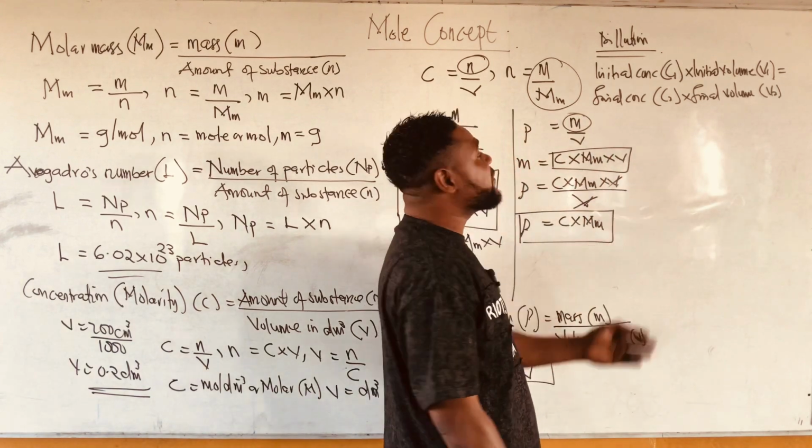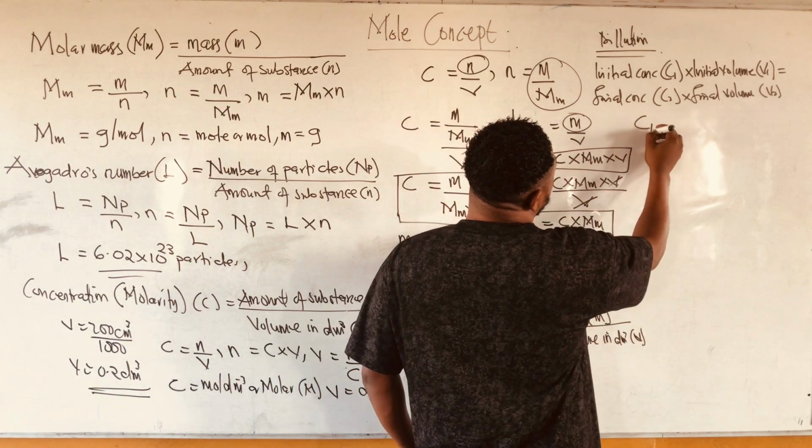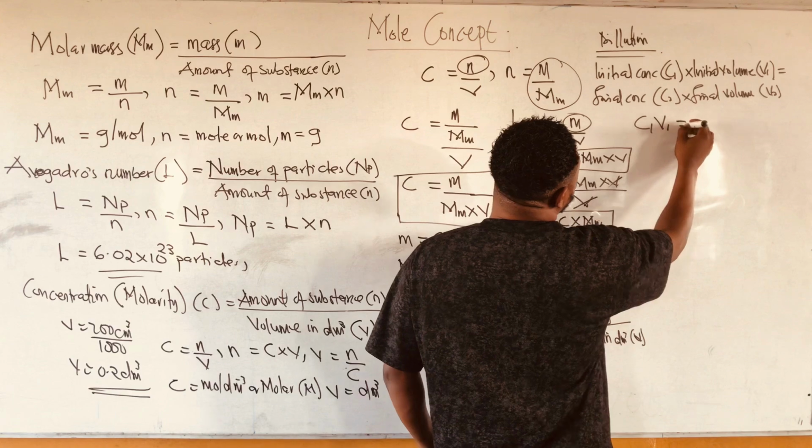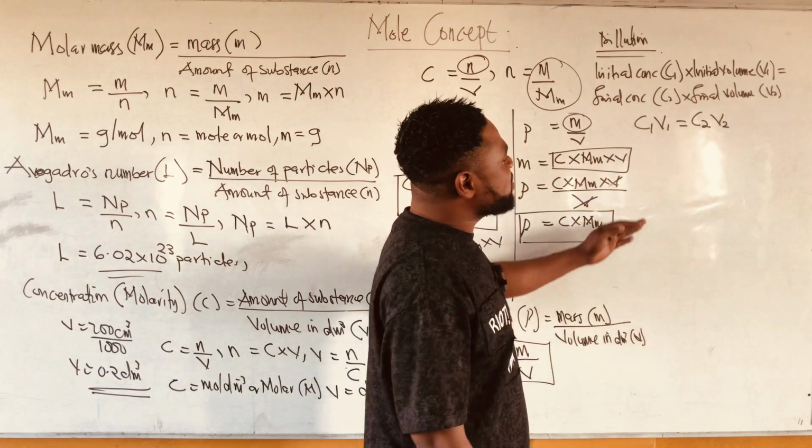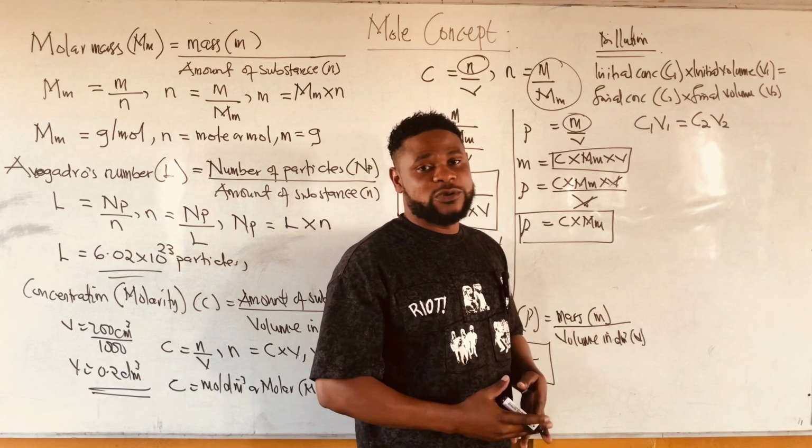So we can also have this as C1 V1 equal to C2 V2. We can use this formula in dilution.